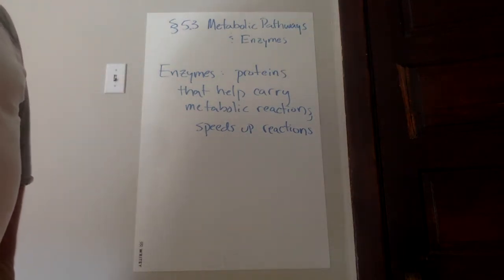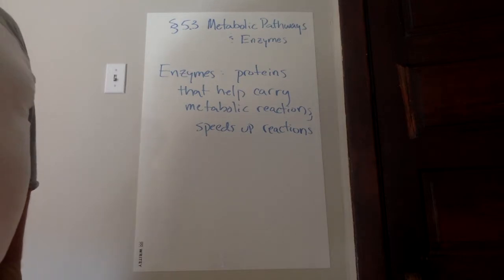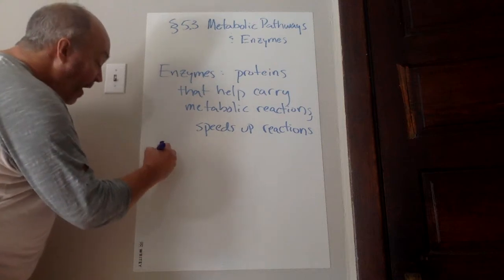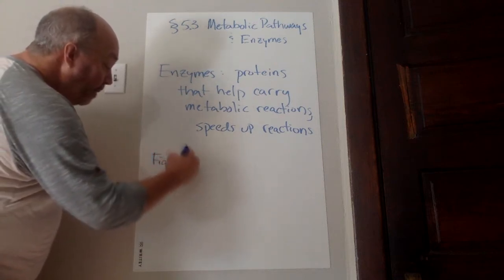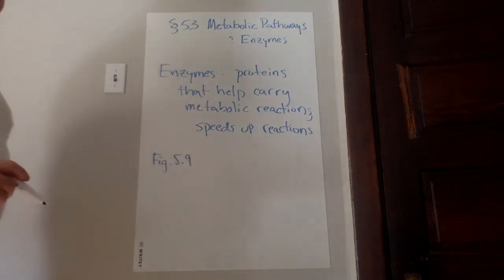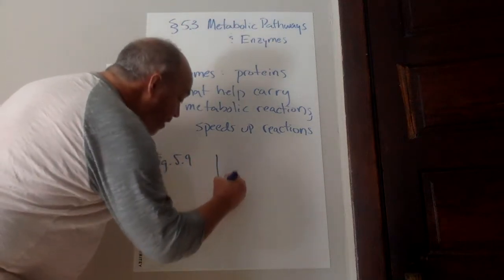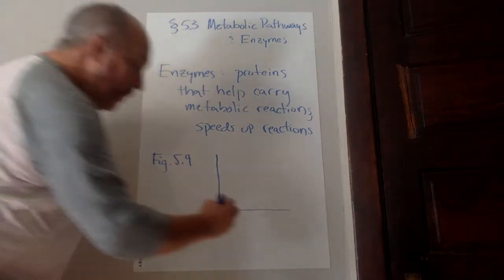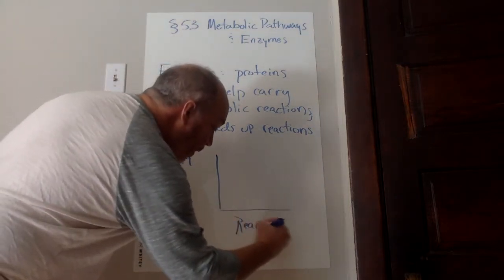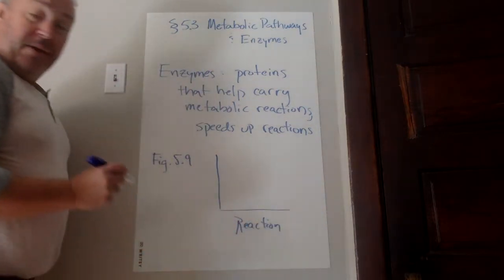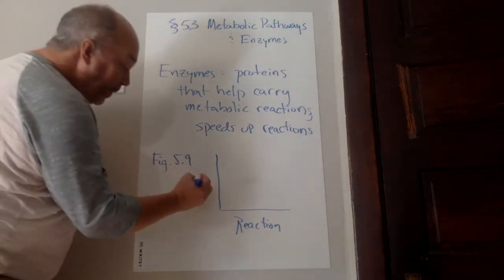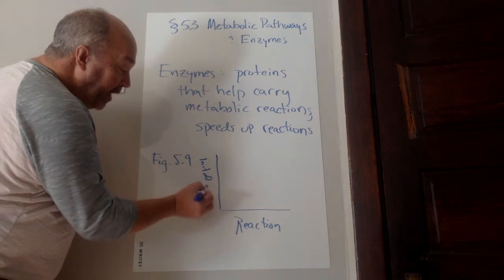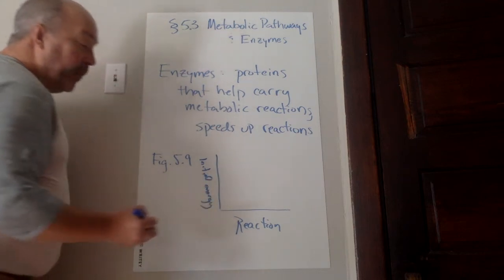And the way they speed up reactions is actually by a term called energy of activation. So if we look at figure 5.9, the way an enzyme speeds up a reaction is by lowering the energy of activation. So here is a quick synopsis of the graph. Here is our reaction, and this is the initial energy needed to start a reaction.